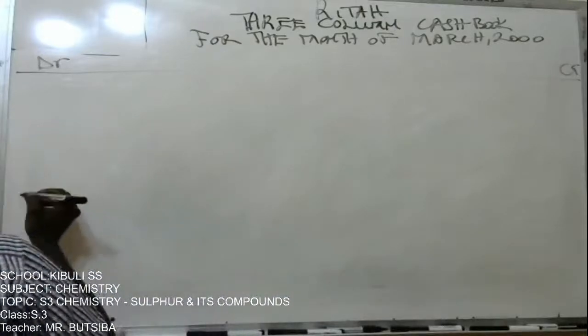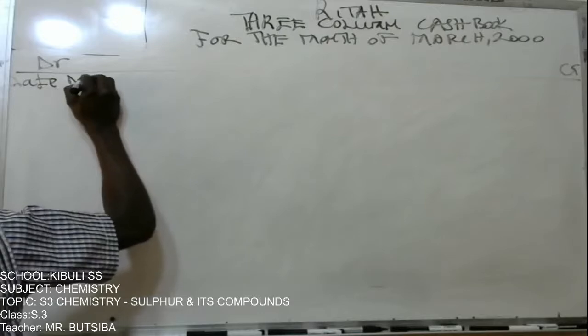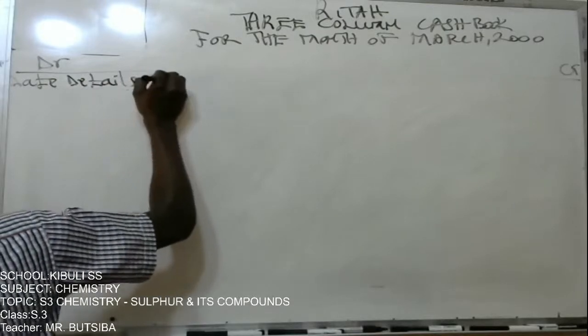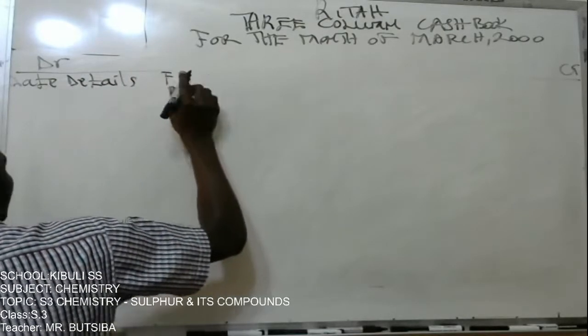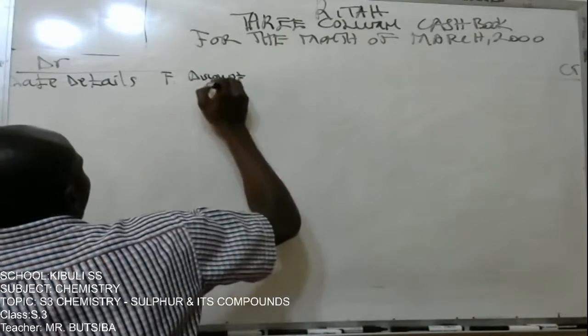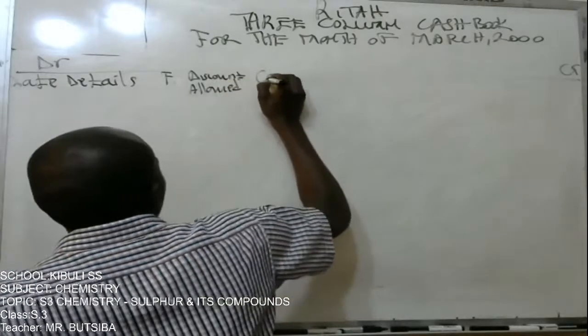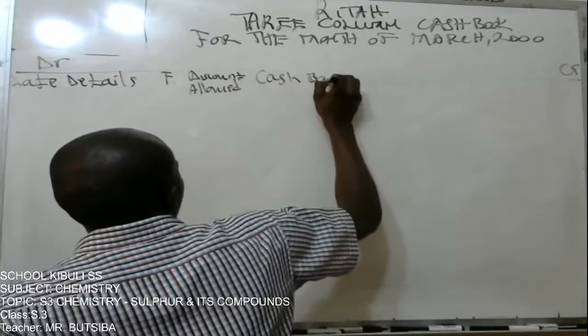Now you're done. So you have your debit on one side and credit on the other side. Then you get your columns. You have your date, your details, your folio, and then discount allowed on the debit side, and then your cash and bank.